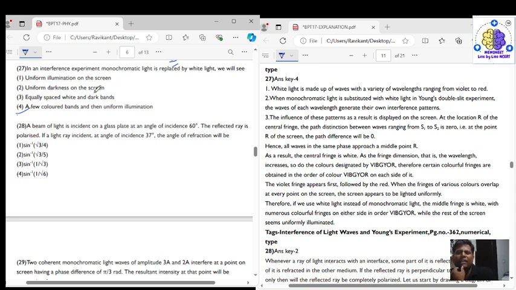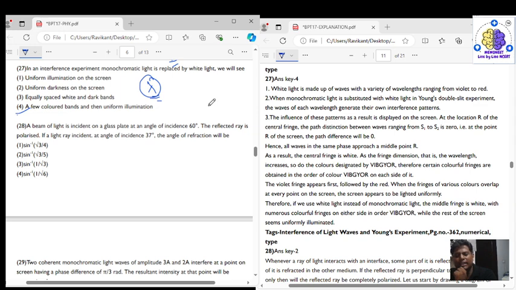Because when white light is used for interference pattern, the white light is comprising of different color light which have their different wavelength, and because the position of the bright and the dark fringe is dependent on lambda, for different wavelengths of light, different fringes and different fringe width will be obtained.